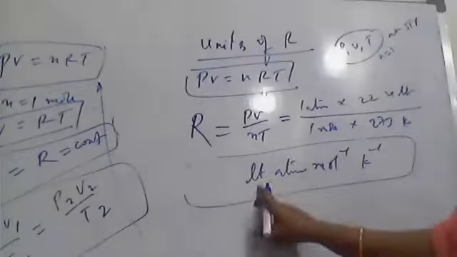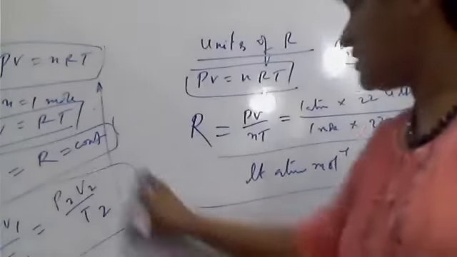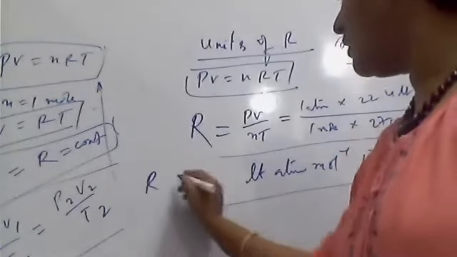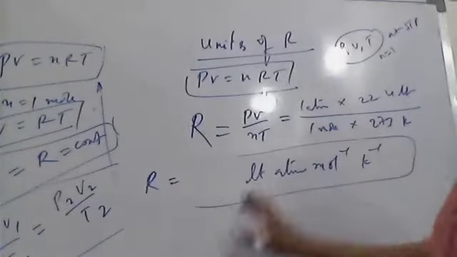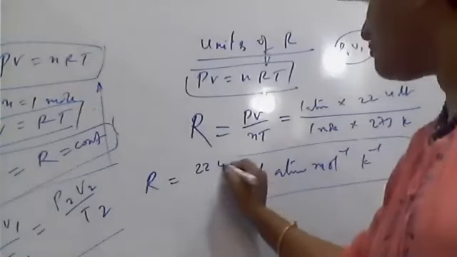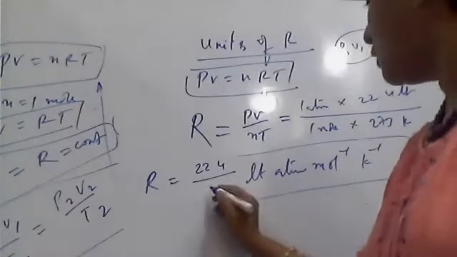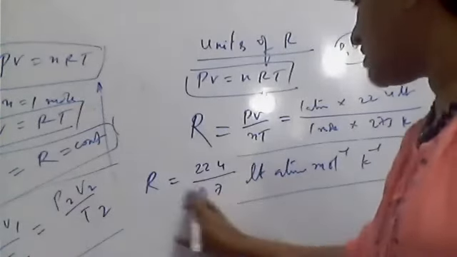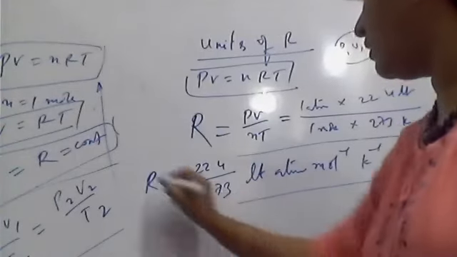So what do you get here? Liter atmosphere per mole per Kelvin. R equals 22.4 divided by 273, with 1 cancelled.